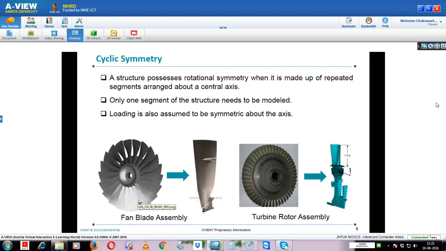So this is the rotor. This is the blade. So the blade is subjected to omega, or angular velocity.